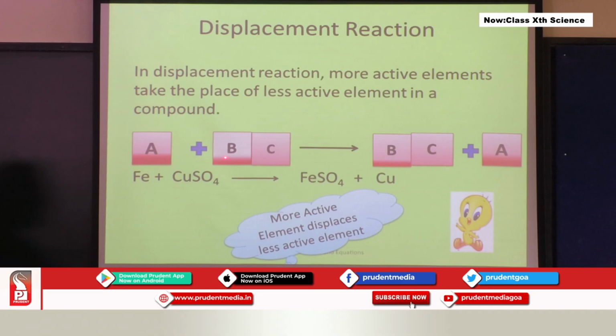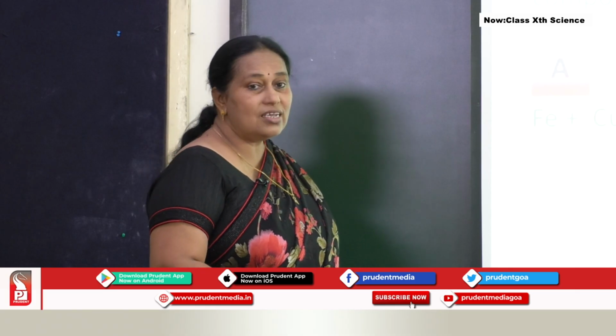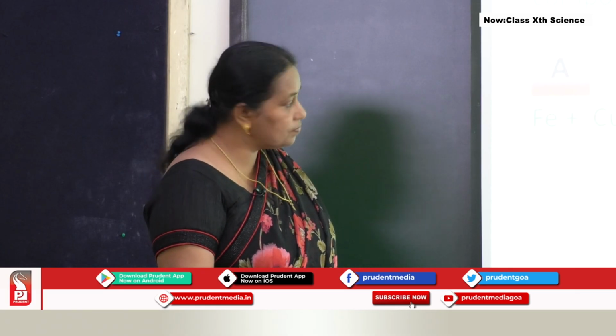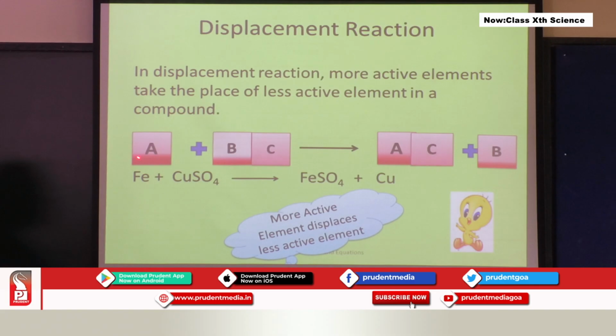In displacement reaction, what you have to remember, the key point for you is, more active element displaces less active element from its compound. Or we can say that in displacement reaction, more active element takes the place of less active element in a compound. Let us see how it takes place. Here A is more active than B.